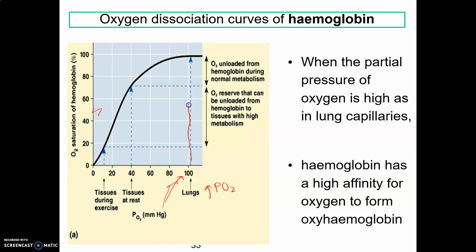That's why if you trace dekat this graph, kita boleh nampak hemoglobin is memang saturated with oxygen. That's why dia punya percentage to almost 100, tapi tak akan sampai 100, around 98% saja. Okay. Dekat 98, at lung, 98% of hemoglobin is fully saturated with oxygen. Okay, itu cara dia. Kenapa? Because hemoglobin has a high affinity towards the oxygens in order to form oxyhemoglobin in lung capillaries.